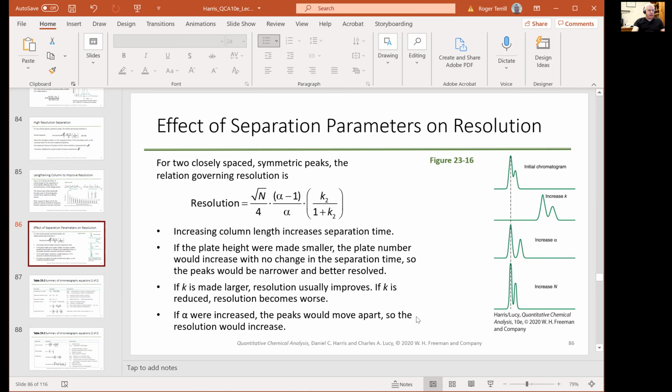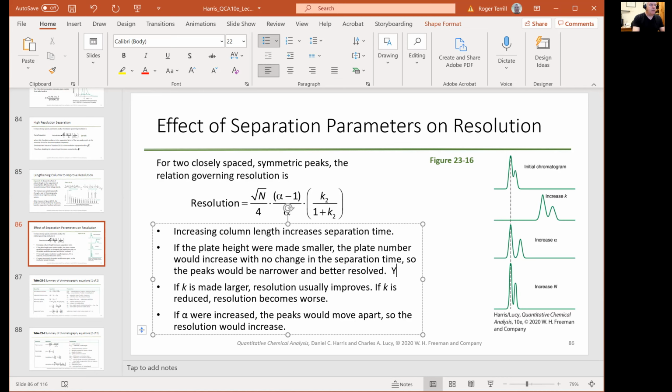Now, one thing that is done instrumentally is the throw-money-at-it approach. I'm not trying to denigrate it; it's a good way and it works. Here the plate height is made smaller.